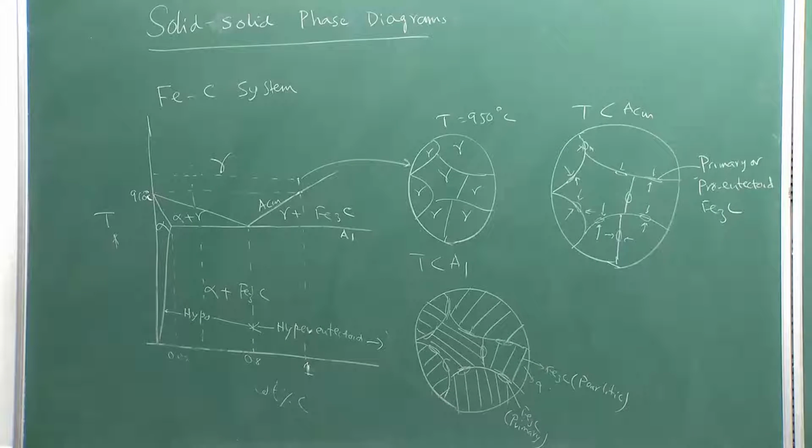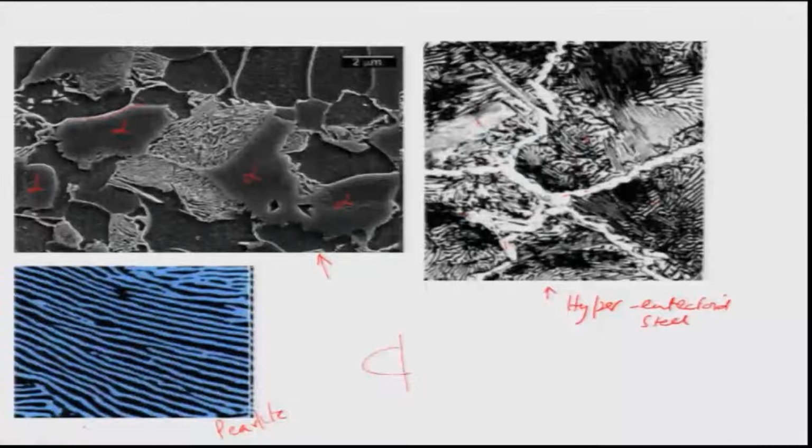Here I am showing you 3 microstructures which I have shown you earlier. This is the perlite for the eutectoid steel, for the eutectoid composition, that is 0.8. The left picture is for the hypoeutectoid steel, where you can see a large amount of primary alpha and perlite.